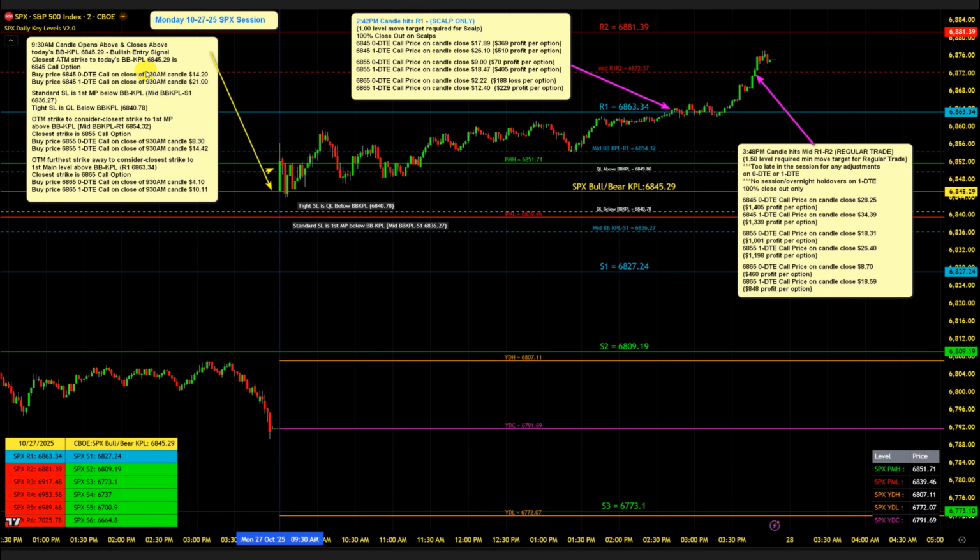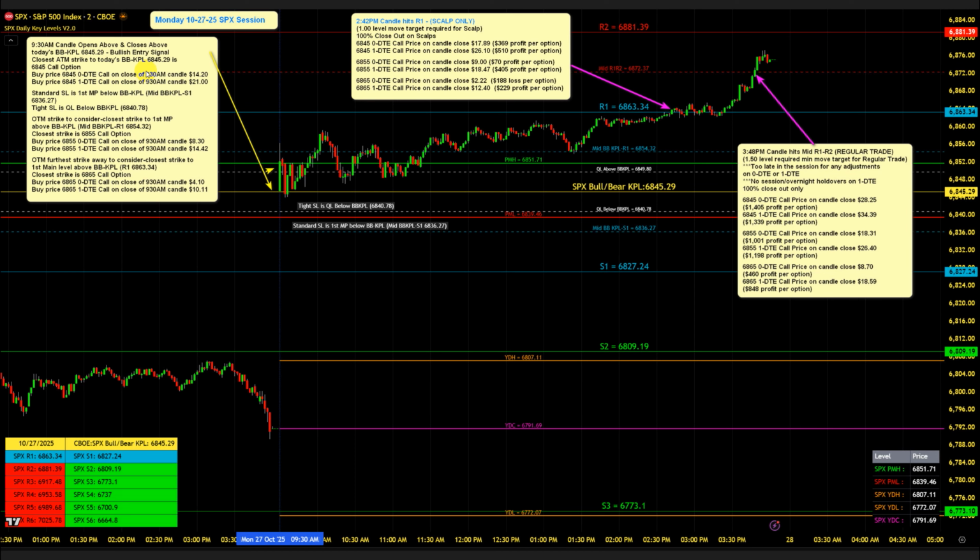That's why it doesn't make sense to use anything more than a 1 DTE, because then you're paying more for time value for something that you're not really going to be taking advantage of, because you're not going to be holding any option position over the same day. You will be opening and closing them all in the same session, which in this case would have been the Monday, October 27, 2025 session.